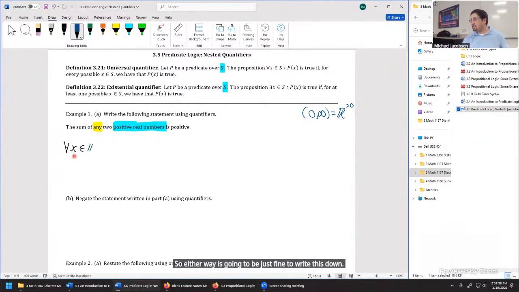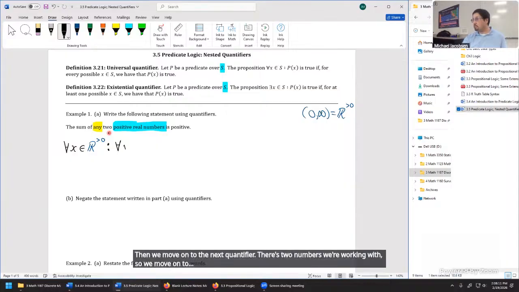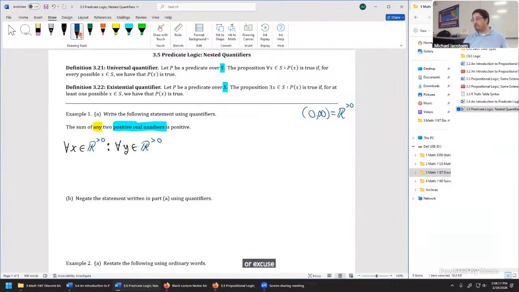We can say for all x in R bigger than 0, then we move on to the next quantifier. There's two numbers we're working with, so we move on to for all y now in R bigger than 0. It says positive rather than non-negative.